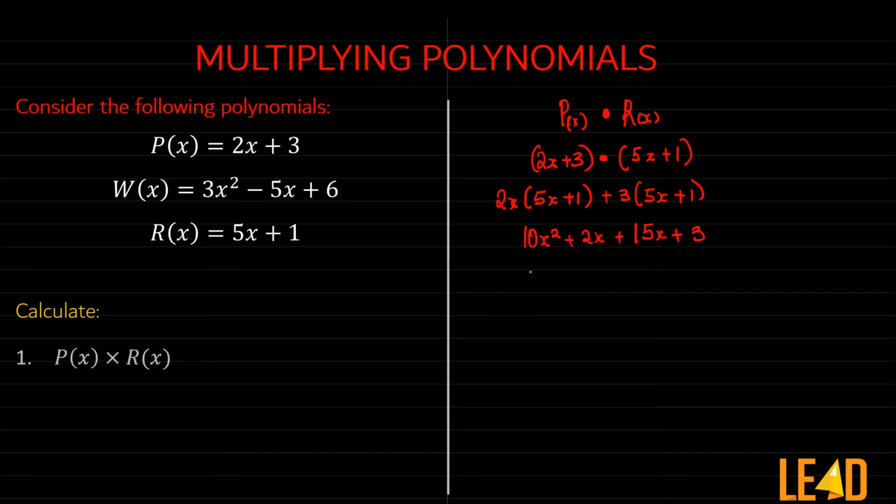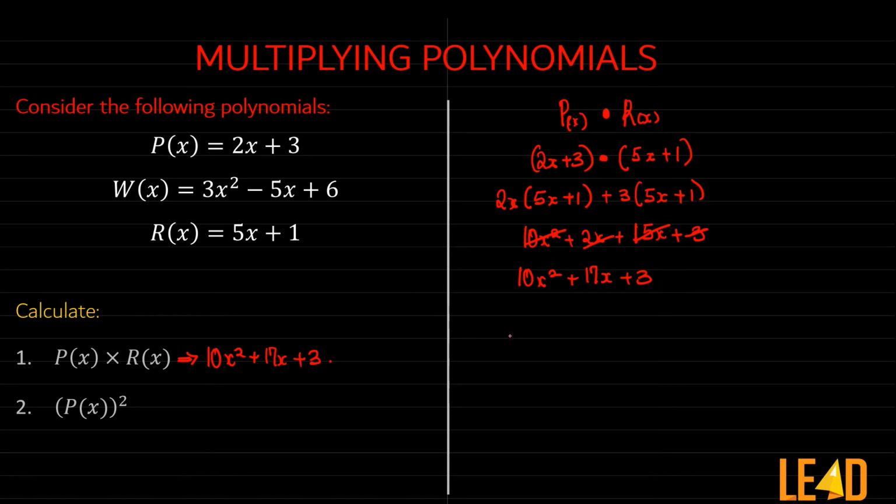Collect like terms, we have 10x squared plus 17x plus 3. This gives 10x squared plus 17x plus 3.